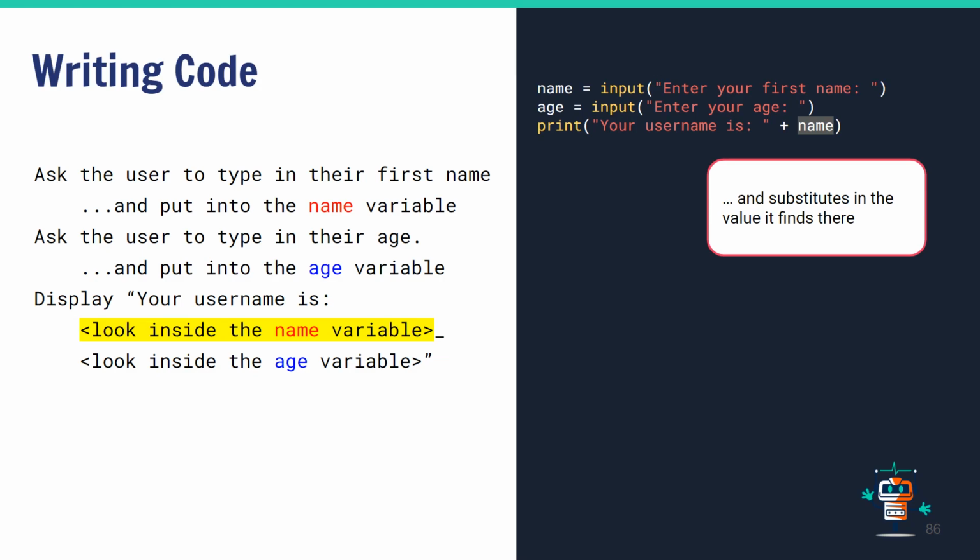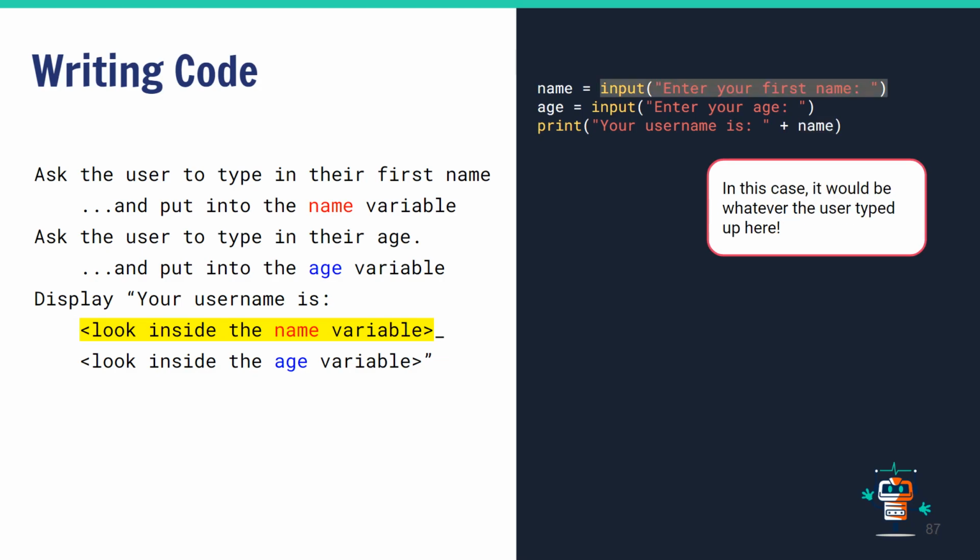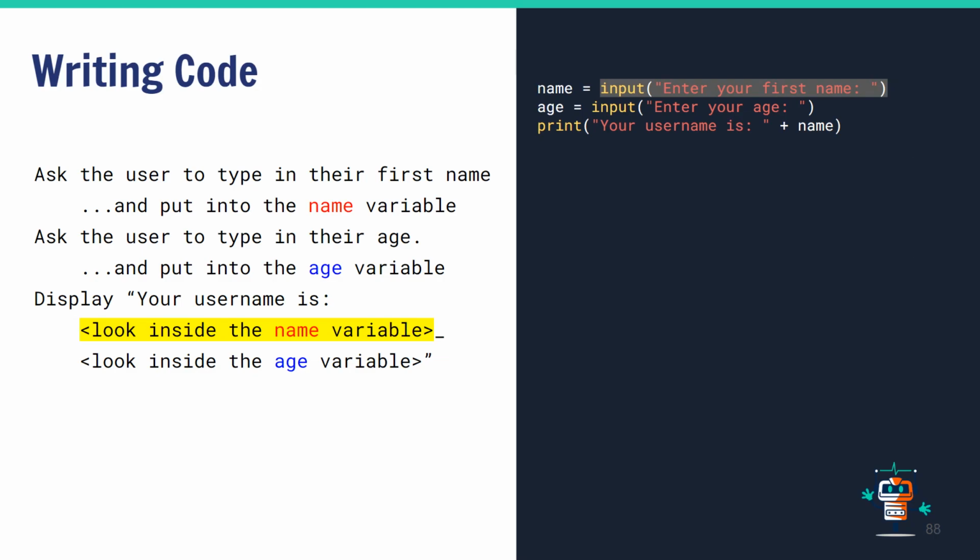So in this case, when it looks inside the name variable, what is it going to find? Well, it's going to find whatever the user had typed in up there. Because remember, the user had typed in their first name and then it was put into the name variable. So now we're going to look inside that name variable and use the information that it finds there. That is how the first line is able to communicate with the third line.